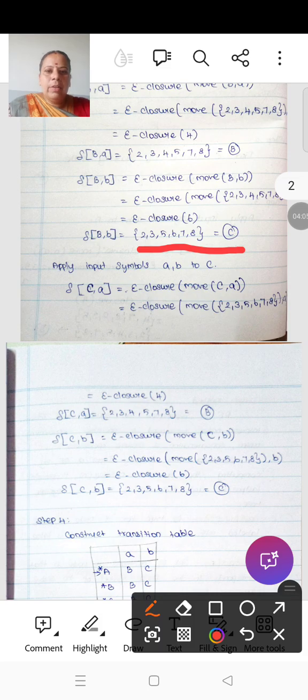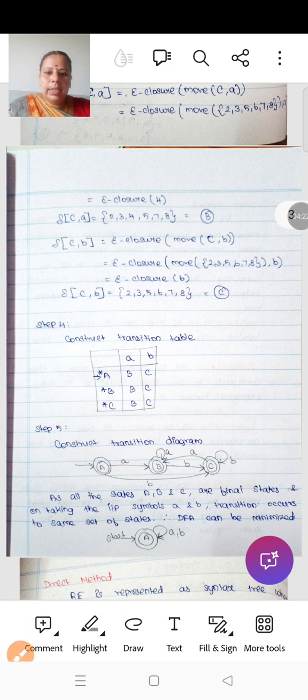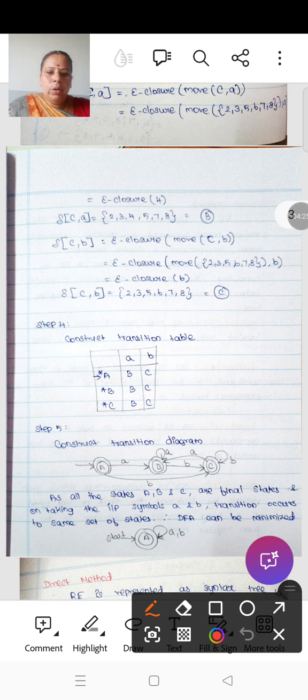So we have completed the transition function for state A and state B. Now we proceed with state C using the input symbols a and b. First, the transition function of C comma a is the epsilon closure of 4. The epsilon closure of 4 is 2, 3, 4, 5, 7, 8, which is the state B, an existing state.